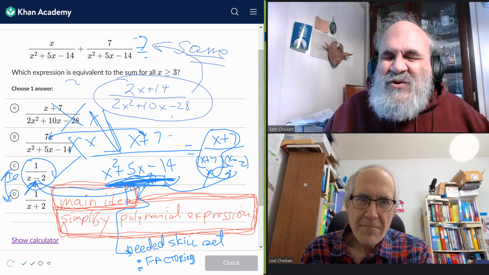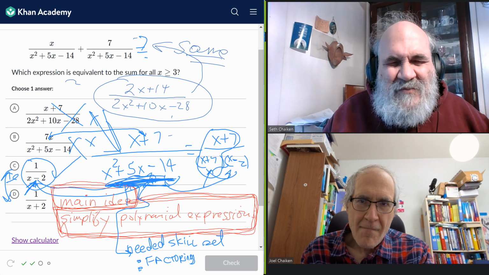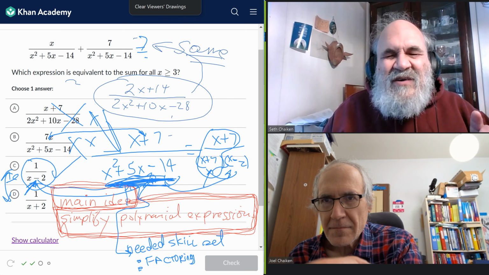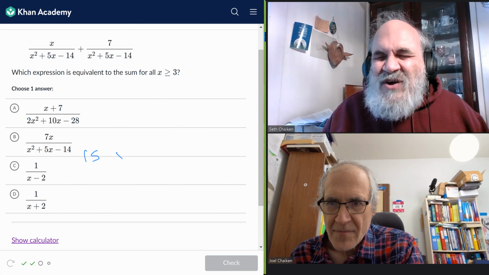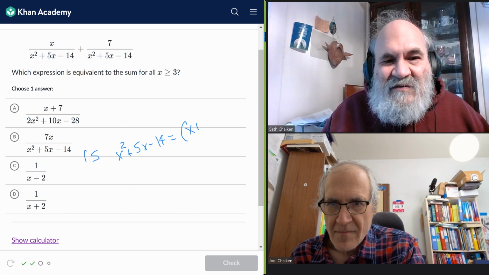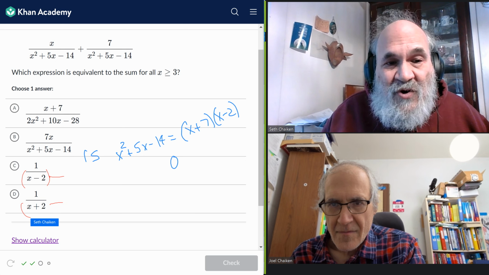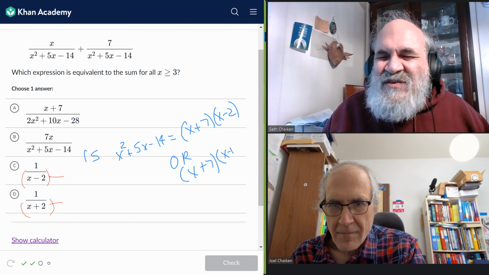Your job is to distinguish. The structure of the SAT informs you that the other factor is one of x minus 2 or x plus 2.